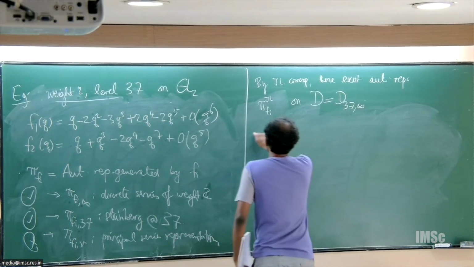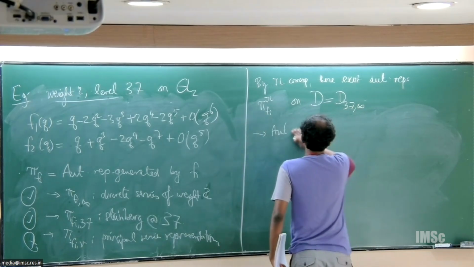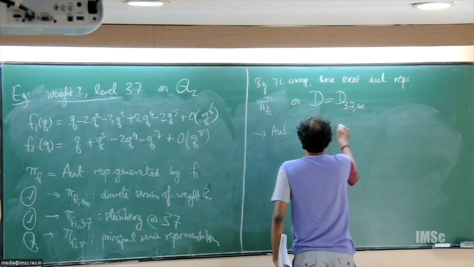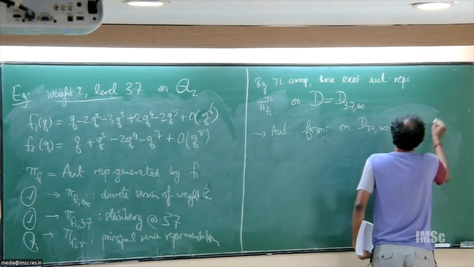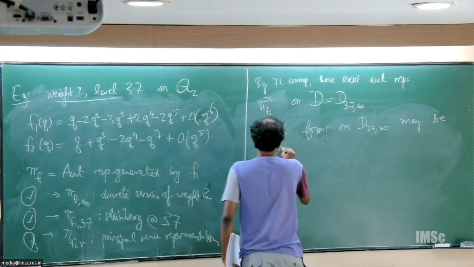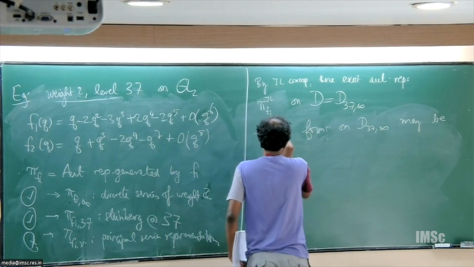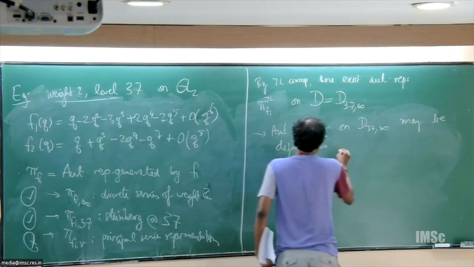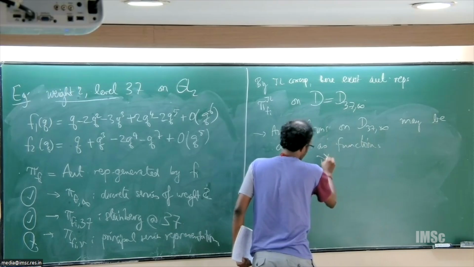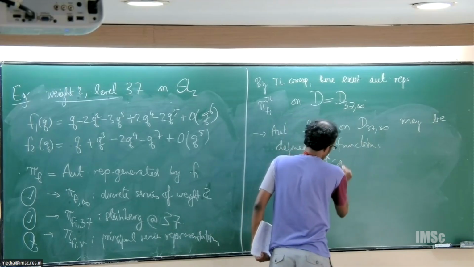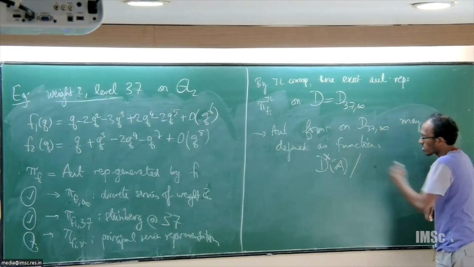So automorphic forms on D_{37,∞} may be defined as functions on this adelic thing, but I have to take an open compact subgroup here.